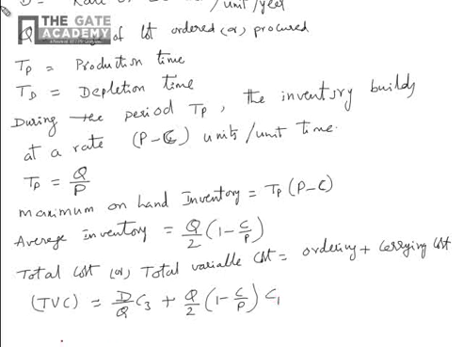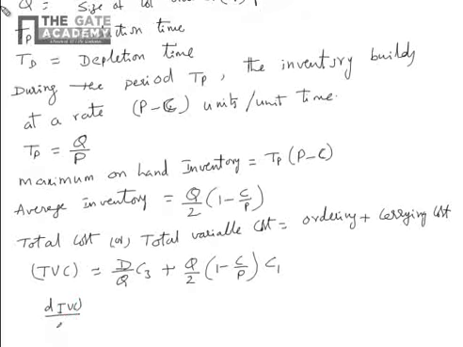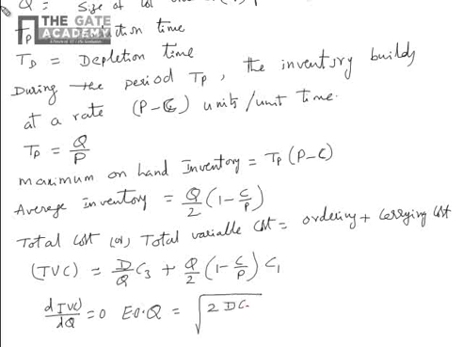Simplify, set d(total variable cost) by dQ equal to 0, and then the economic order quantity, EOQ, equals square root of 2DC3 by C1 into P by P minus C. This is the economic order quantity.